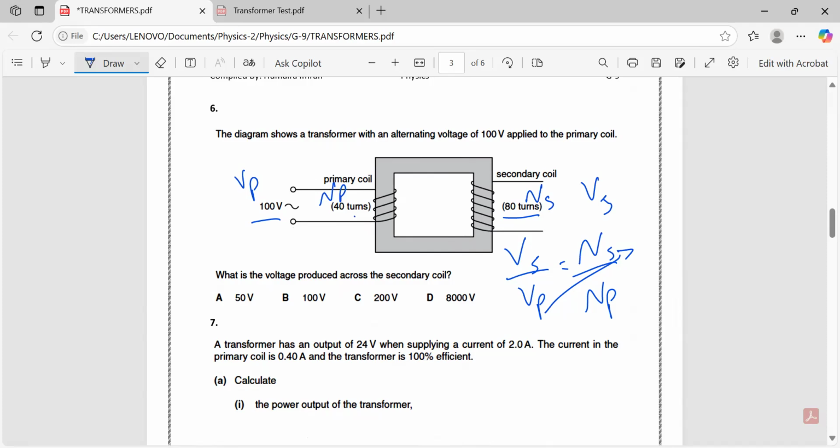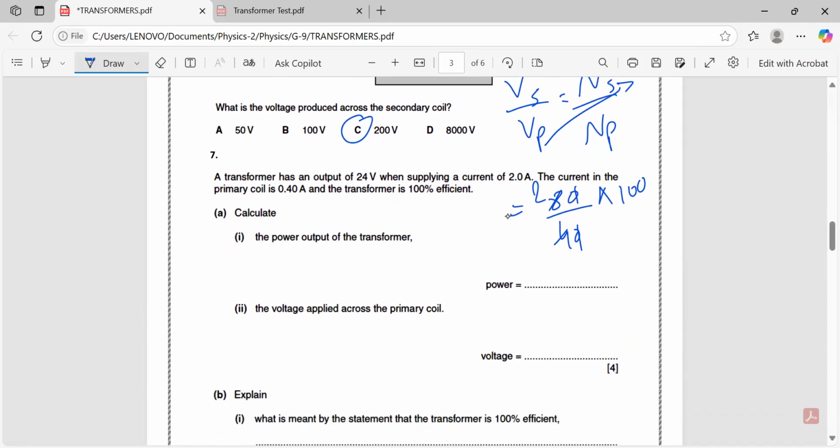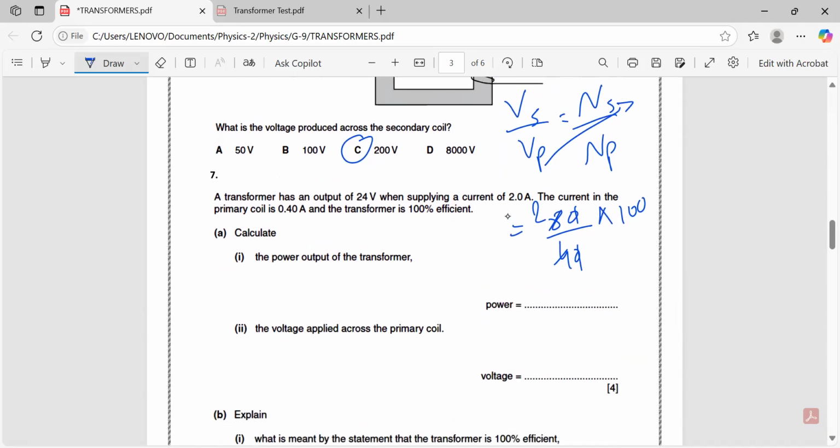It's option C, 200. You can check by putting in the values: NS is 80, NP is 40, times 100. Four twos are eight, and 2 times 100 gives you the answer 200.